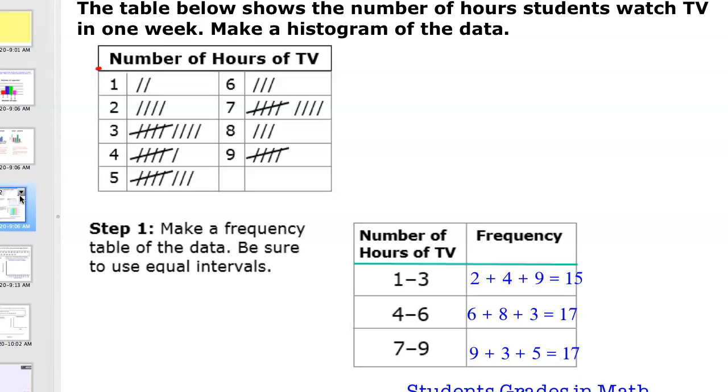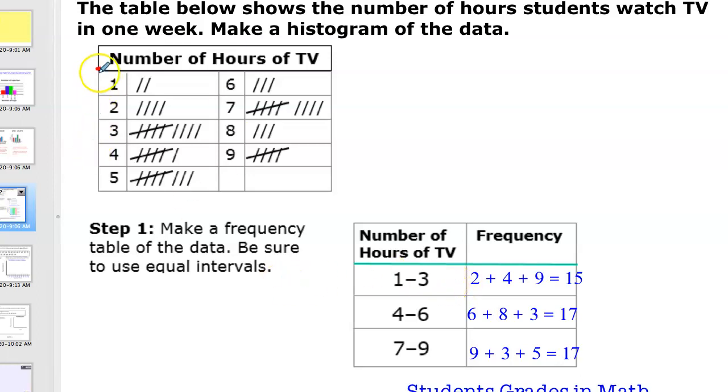All right, we're going to create a histogram of the number of hours students watch TV in one week. It already gave us the intervals, so 1 to 3 hours of TV, 4 to 6, 7 to 9. I filled this in ahead of time to save us some time in the video.